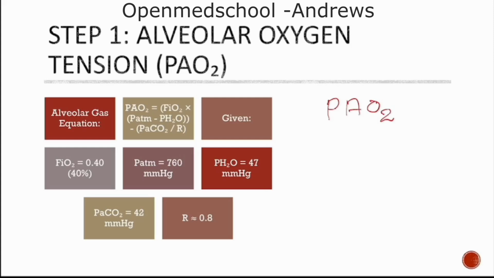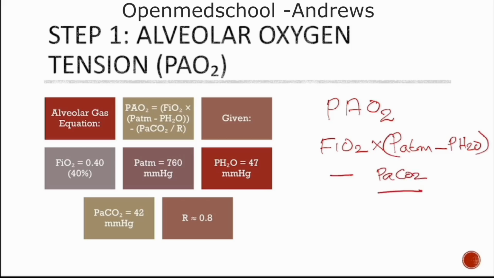PAO₂ is calculated using the alveolar gas equation that we have already discussed: FiO₂ into barometric pressure, atmospheric, minus vapor pressure of water, minus PaCO₂ divided by the respiratory quotient, that is 0.8.